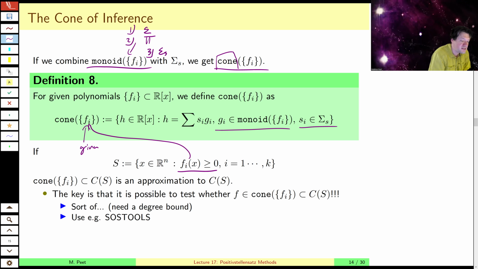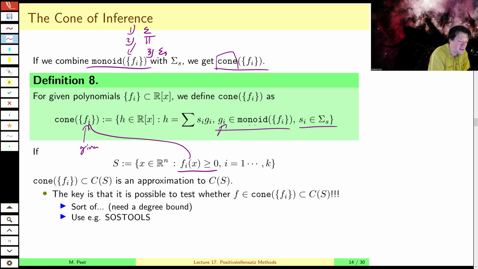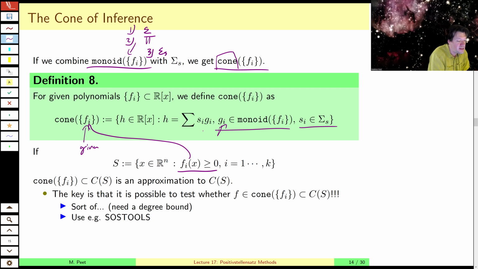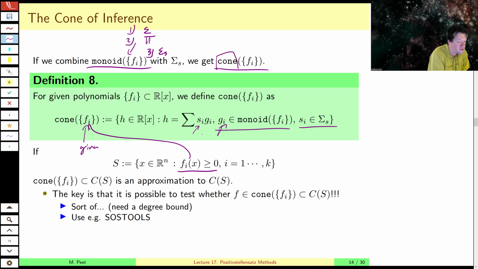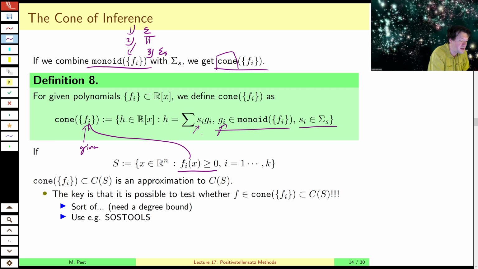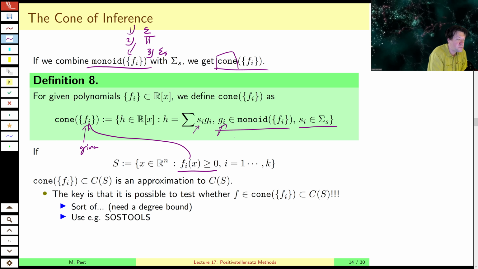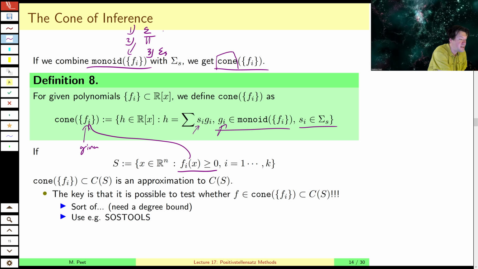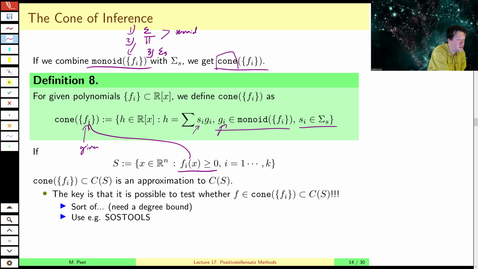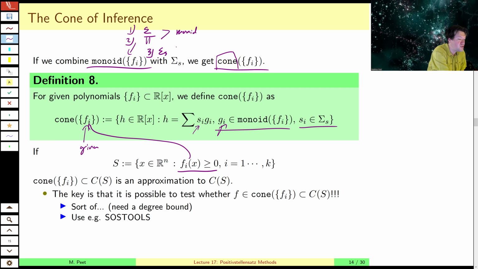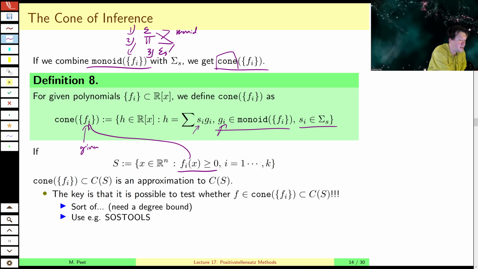And so that comes from the GIs, everything in the monoid, and then the products of everything in the monoid with sums of squares, and of course the sums of those terms as well. So the monoid was taking rules 1 and 2, those inferences, and then when we add sums of squares, we get the cone.